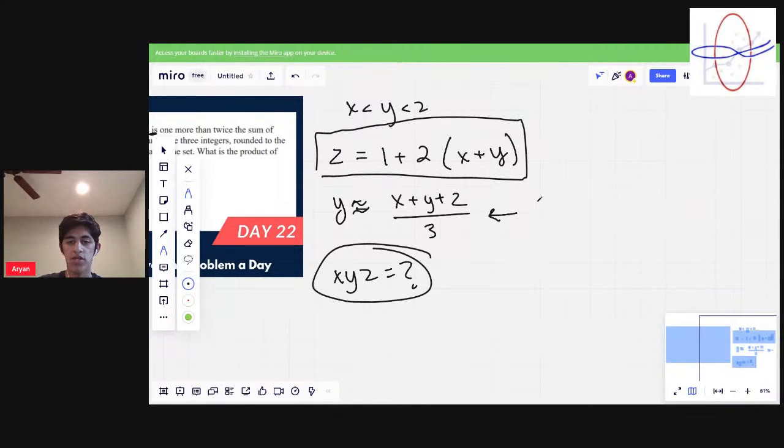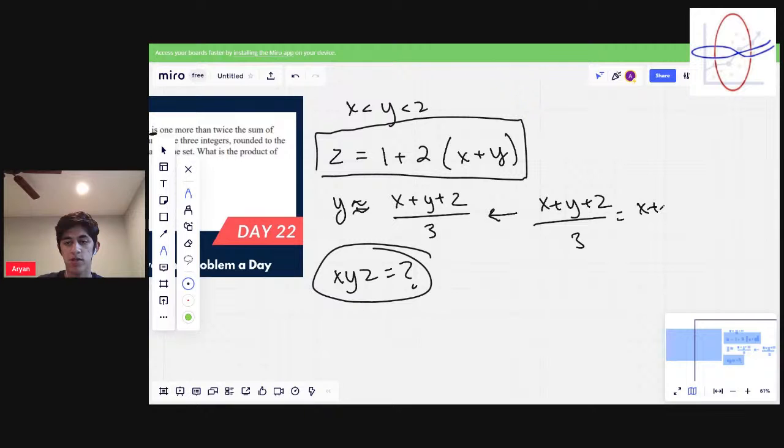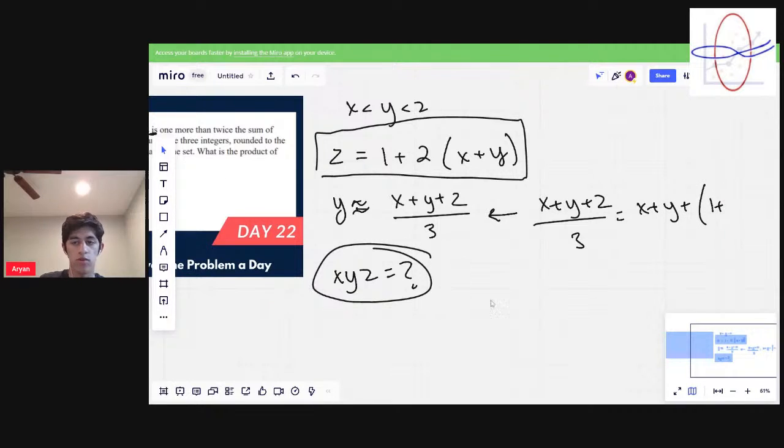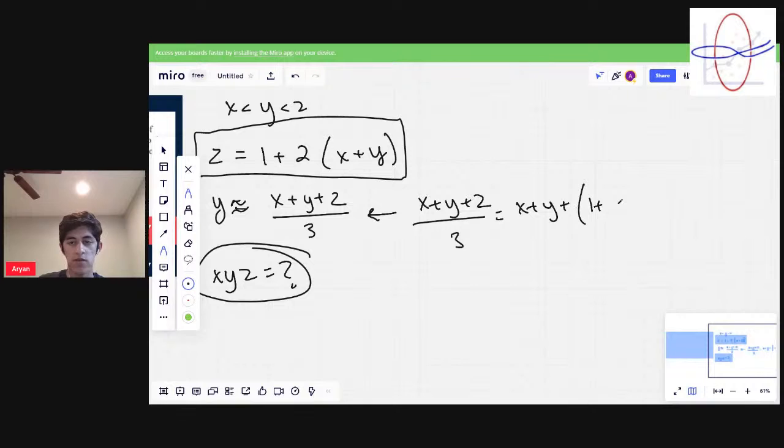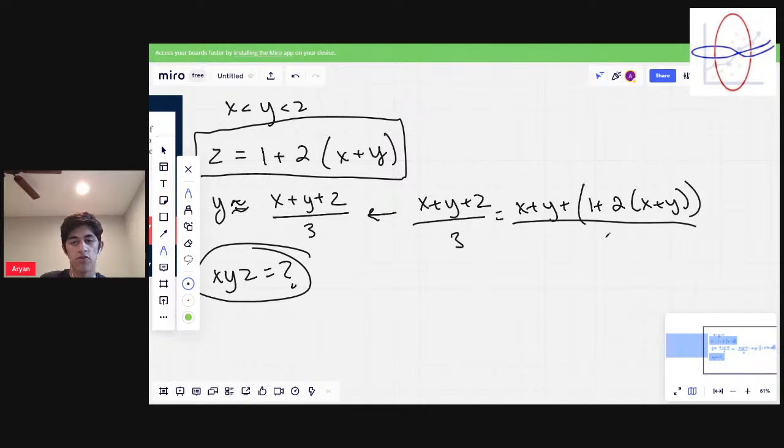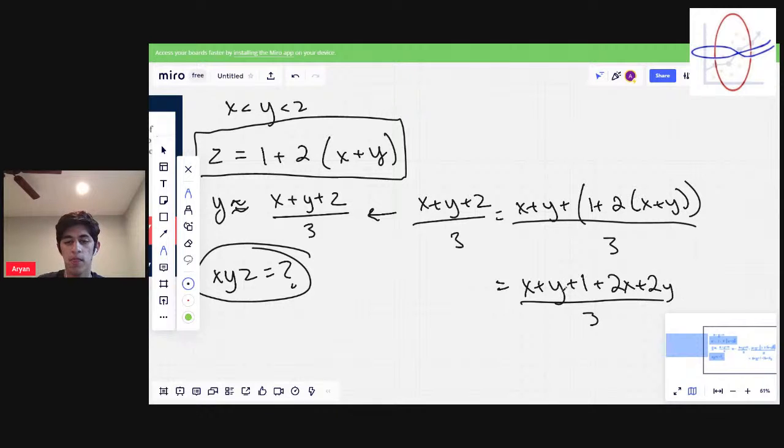So if we plug this into the expression x plus y plus z over 3, what do we get? We get x plus y plus 1 plus 2 times x plus y, over 3. If we simplify this, we get x plus y plus 1 plus 2x plus 2y over 3.